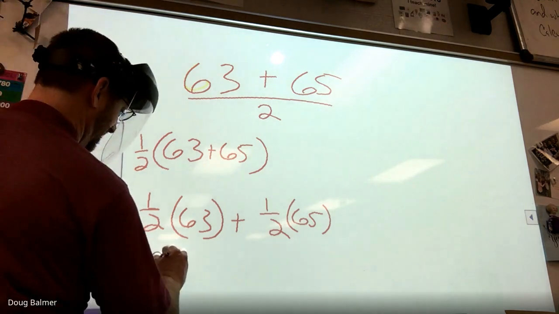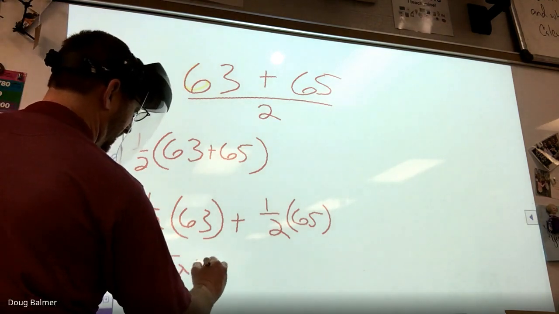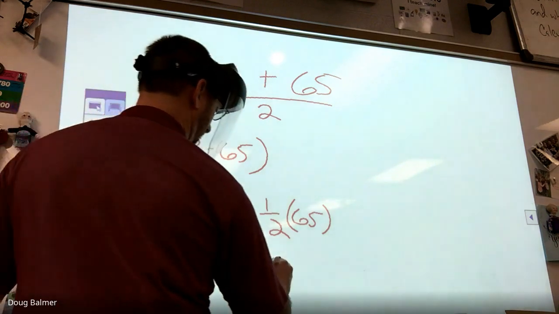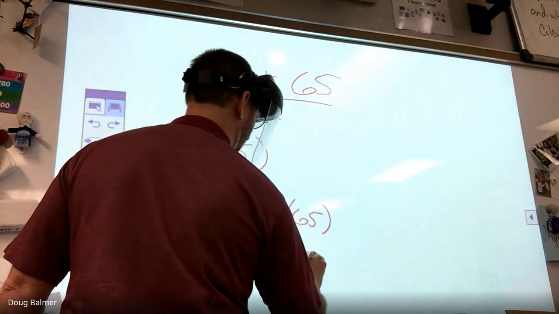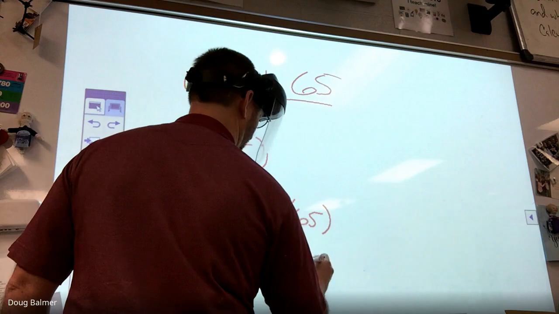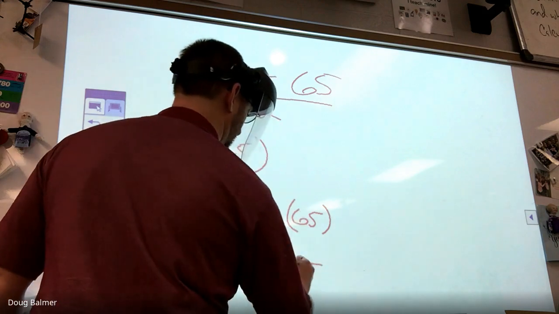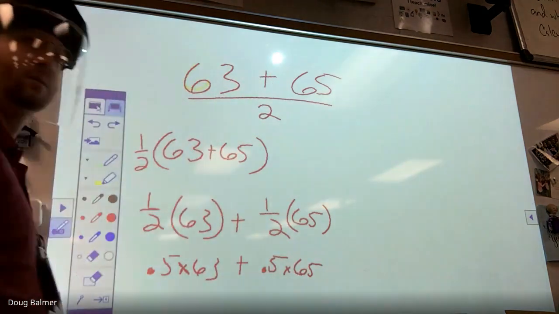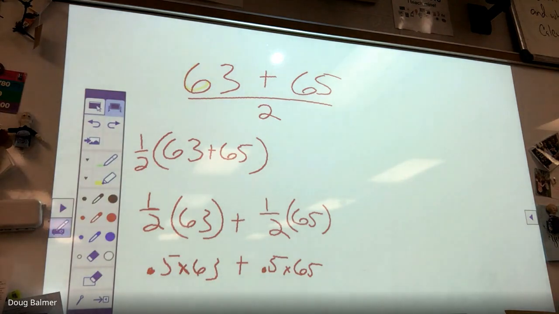So you could say 0.5 times 63. And then you could say 0.5 times 65. Add those two pieces together. All right. See where we're going with this? What's another way of writing 0.5? 50%.